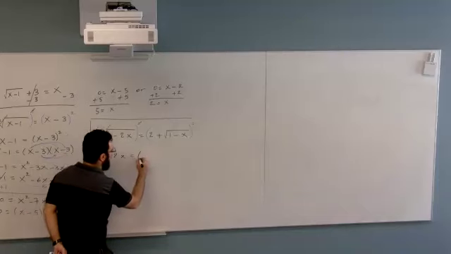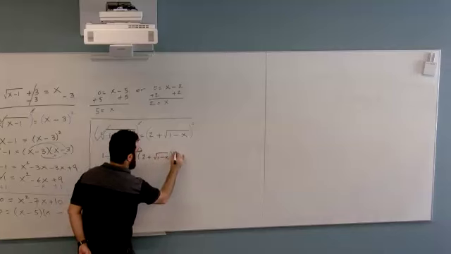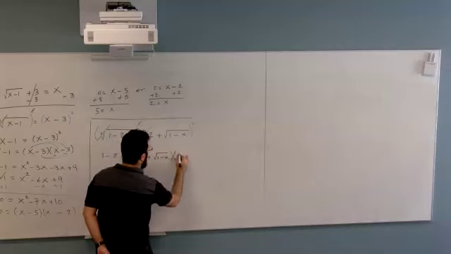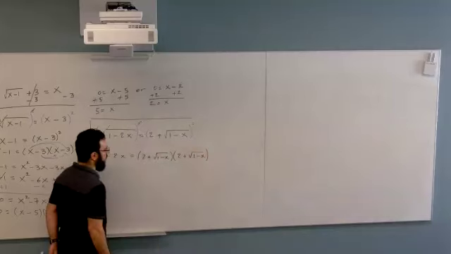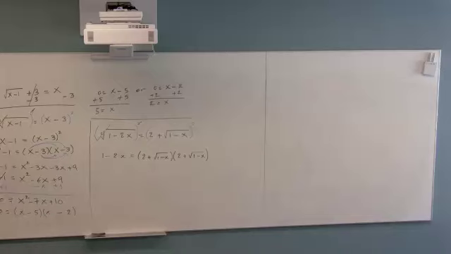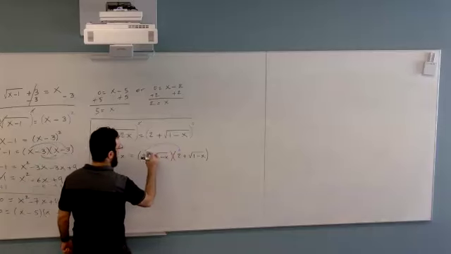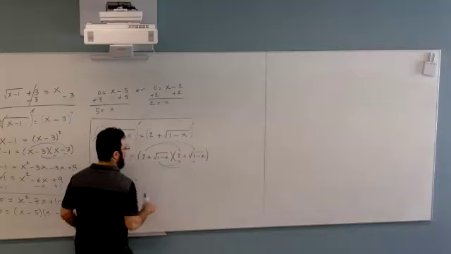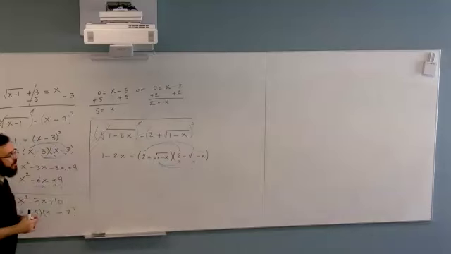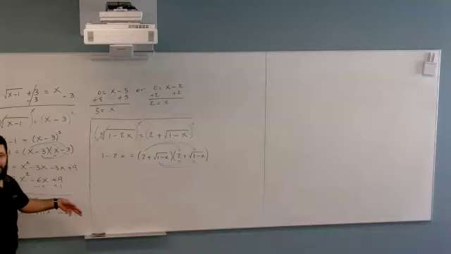Now the parentheses is 2 plus this radical times 2 plus this radical. Okay? See, that's the difference. And you're going to do the same thing on the previous example. Check what's going to happen. Believe me, it's going to be funny here because you're going to do it twice.